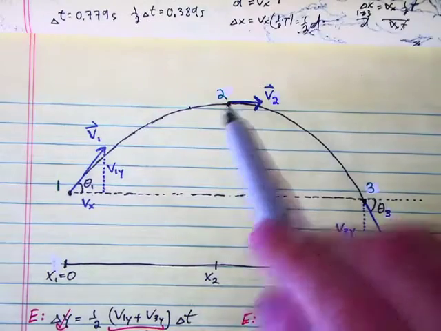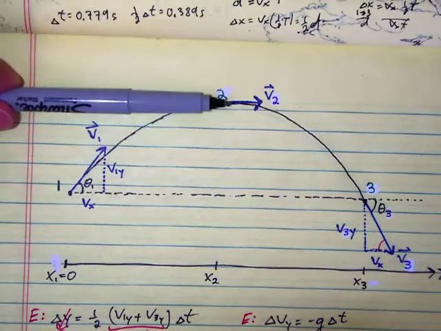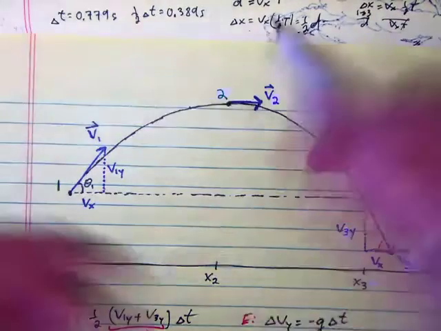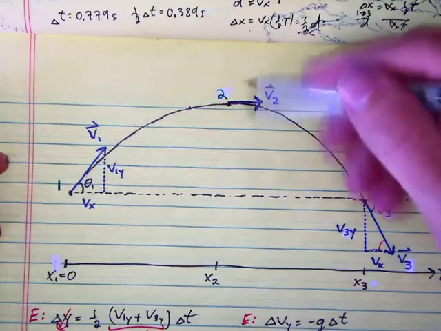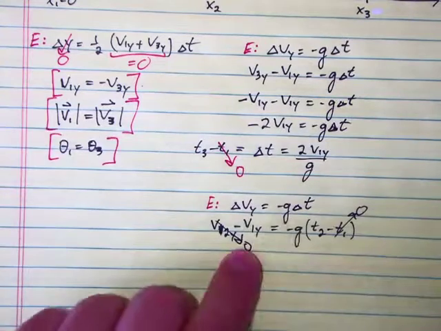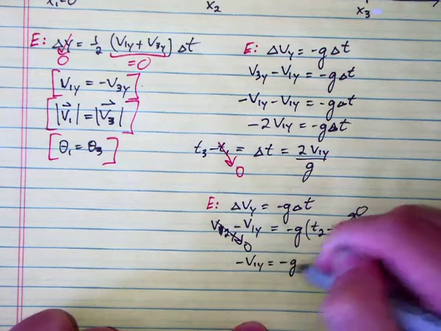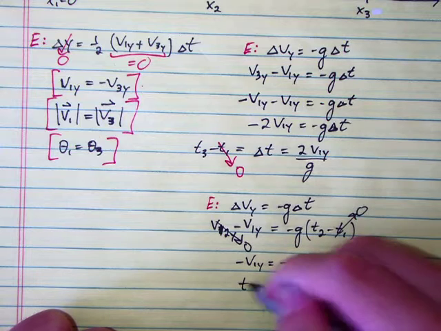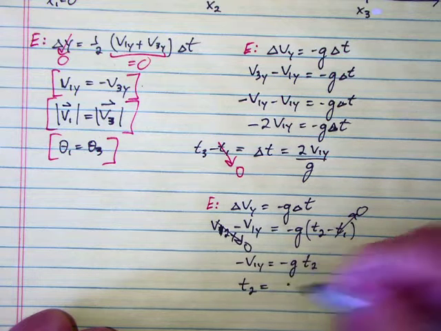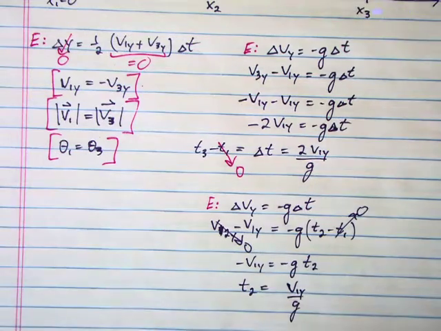Well, if that's our highest point, our velocity is tangent to the path at that point, it must be perfectly horizontal at that moment, therefore it has no y component. V2y is 0. So I'm left with just negative v1y equals negative g t2, or t2 equals v1y over g.